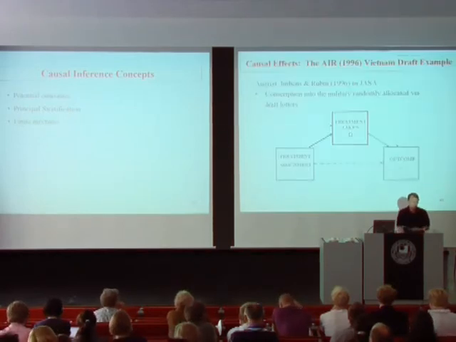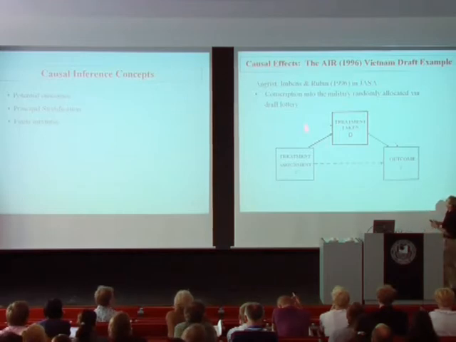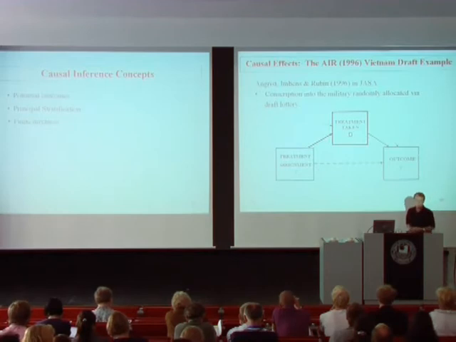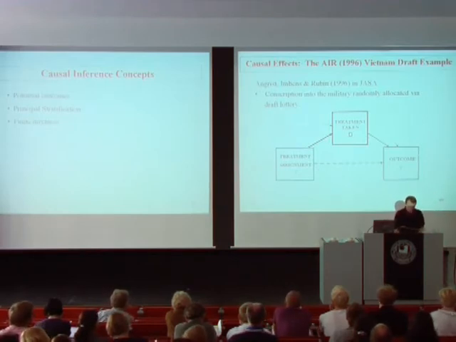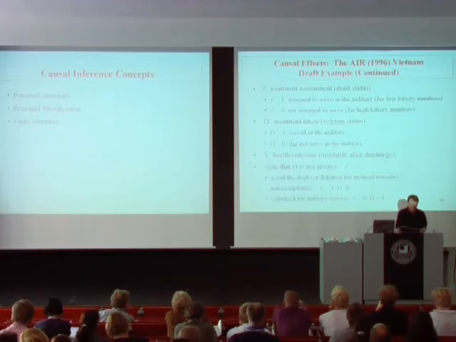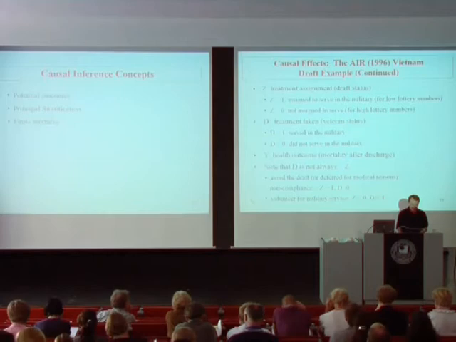And this then refers to the JASA paper, where it had to do with individuals being allocated to participate in the Vietnam War. So there's a whole literature on this, causal effects.